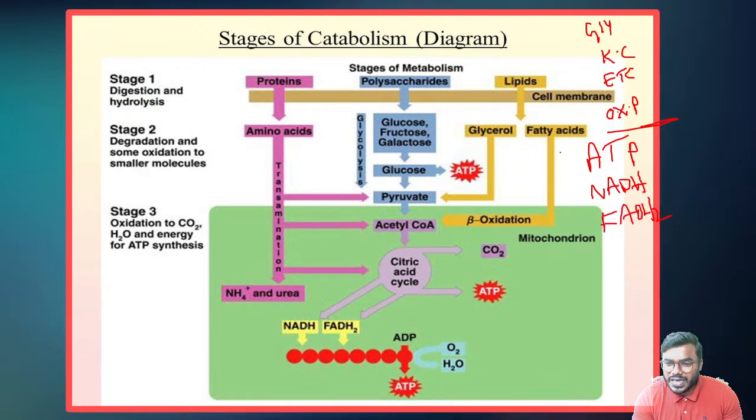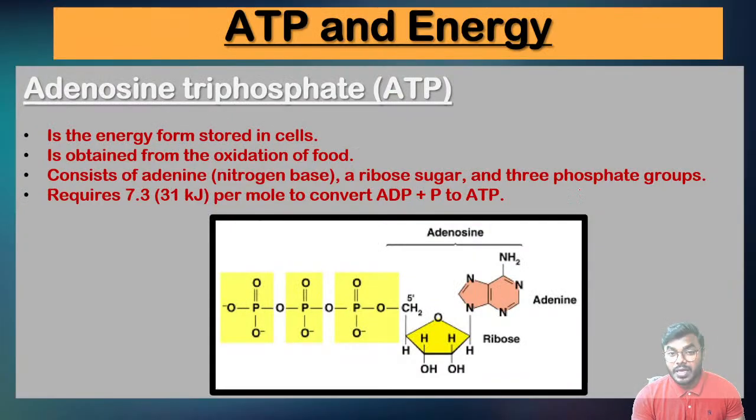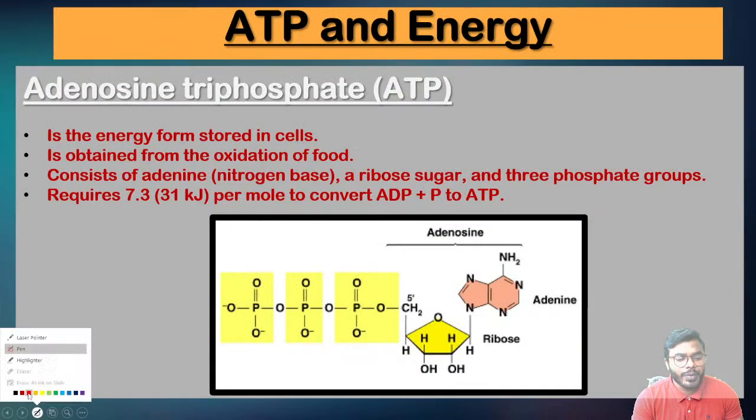These three are present not only in carbohydrate metabolism. Let's take amino acid metabolism, nucleic acid metabolism, lipid metabolism. Whichever metabolism we consider, ATP, NADH and FADH2 are the common energy precursors. That is the major reason that before studying metabolism, it is compulsory, my friends, first to understand the energy precursors.